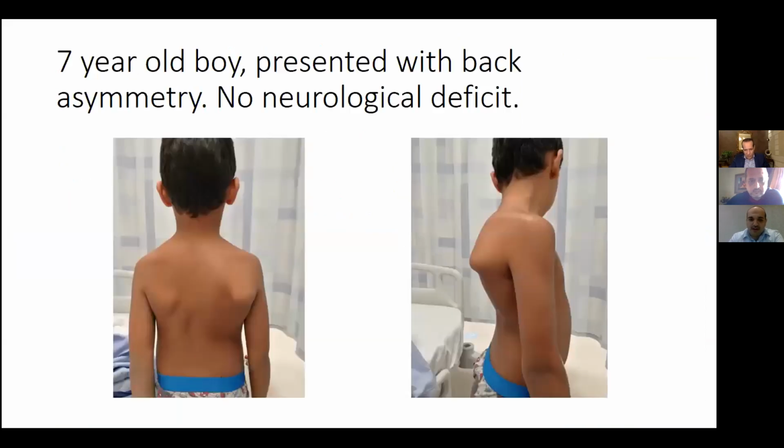in the clinic. So let's start with this kid. He is a 7-year-old boy who presented with back asymmetry with no neurological deficit. As you can see, there is asymmetry of the scapulas. If you look here, you can see a little bending of the spine. You can see an asymmetry of the shoulders from the back, and you can see the hump when you look from the side.